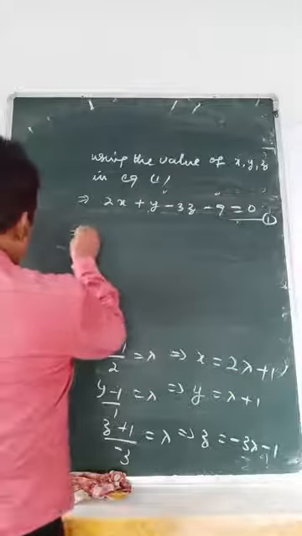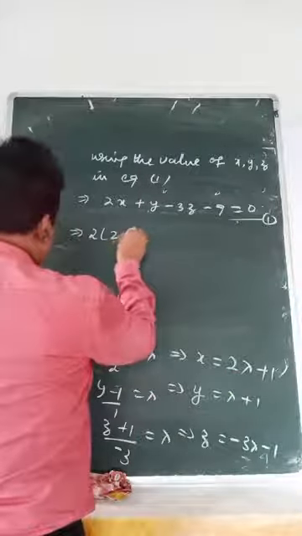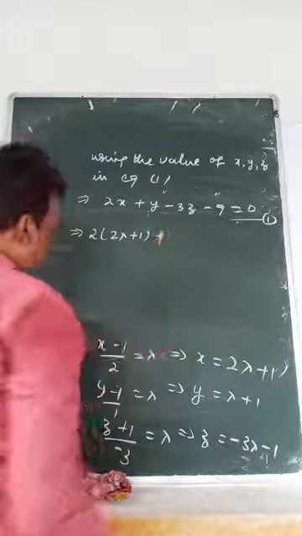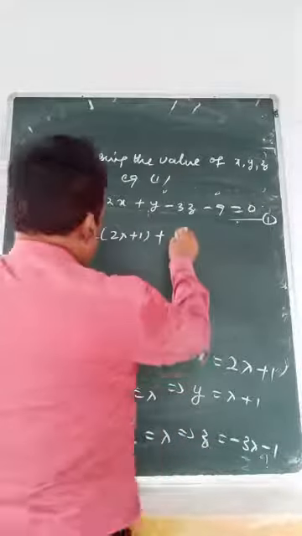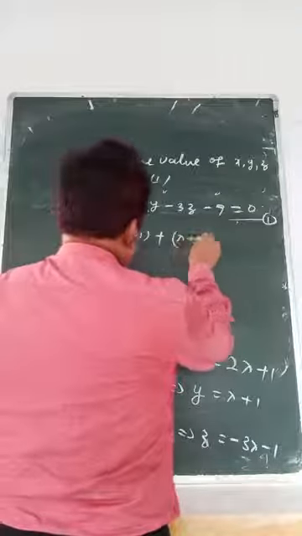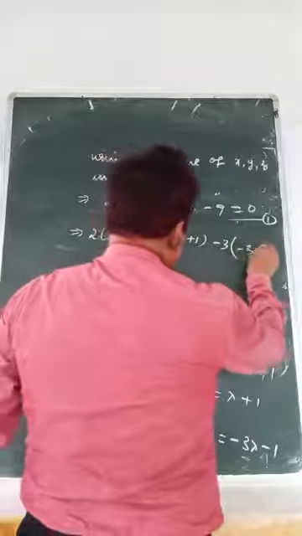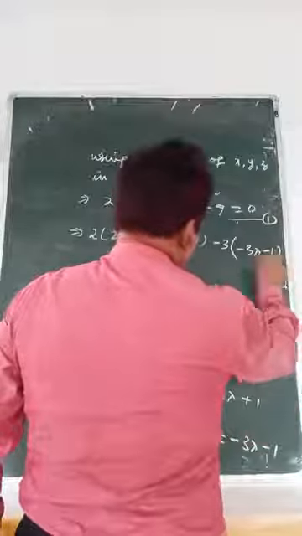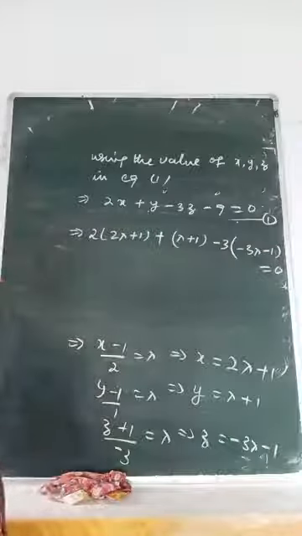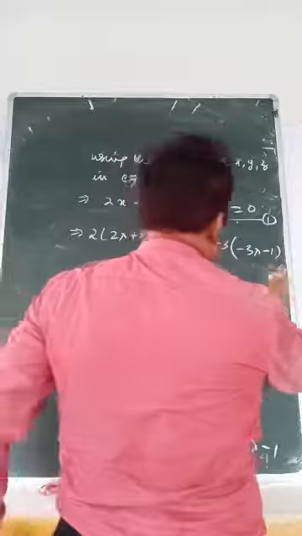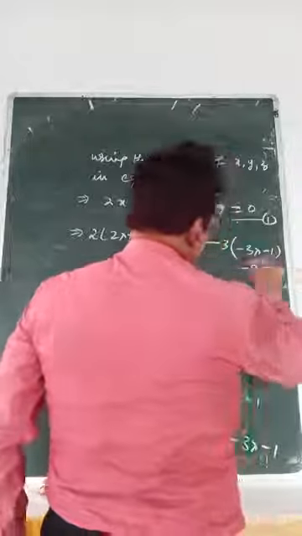So this implies 2 into (2 lambda plus 1), plus (lambda plus 1), minus 3 into (minus 3 lambda minus 1), minus 9 equals 0.